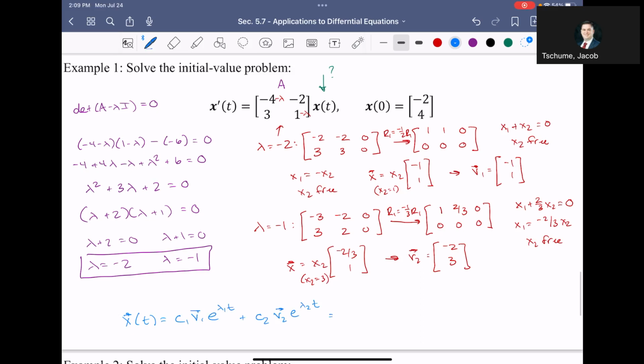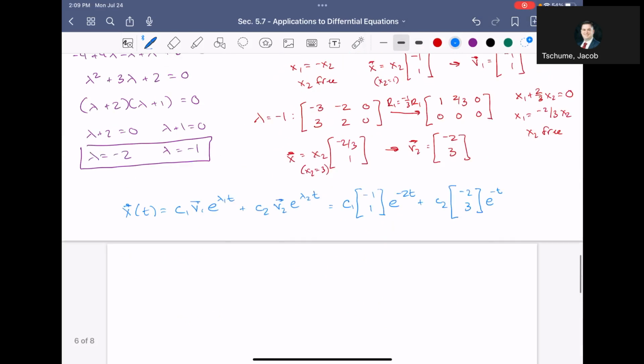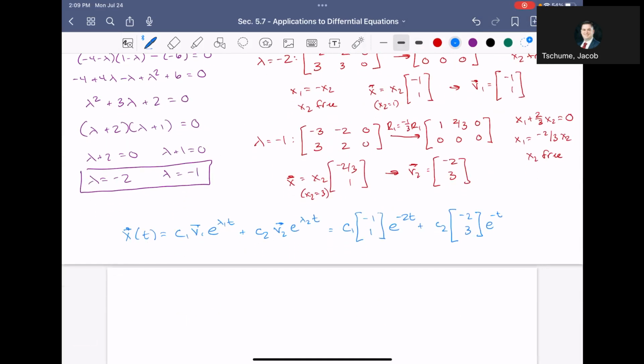Well, if I plug in what I've already learned so far, we should get an unknown constant times the first vector, -1, 1, times e to the -2t, because that eigenvector went with my lambda equals -2, plus c2 times my second eigenvector, which I'm using -2, 3, times e to the -t, because it goes with lambda equals -1. Sorry, I had to add a new slide because I ran out of room here. So that would be your general solution here.